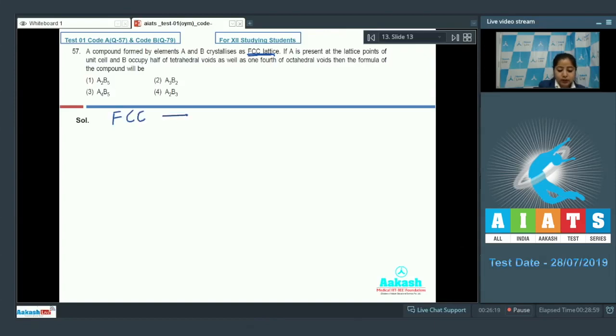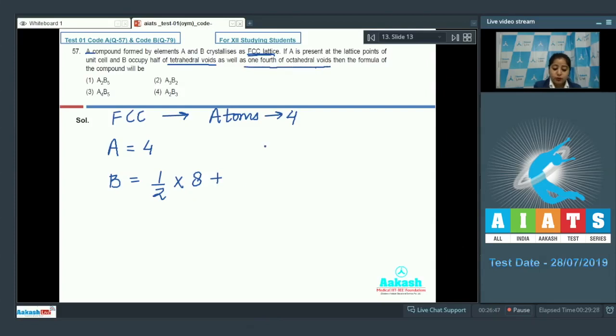First of all, we need to know that we are discussing an FCC unit cell, and for an FCC unit cell, the number of atoms is equal to 4. Since A is forming the lattice, the number of A will be 4. Let's talk about the number of atoms of B. B occupies half of the tetrahedral voids. Therefore, it will be half into 8, because the number of tetrahedral voids will be double the number of atoms, plus 1/4 of the octahedral voids.